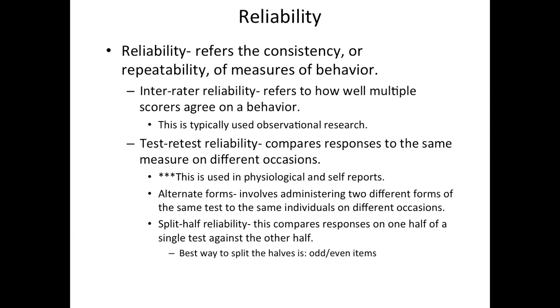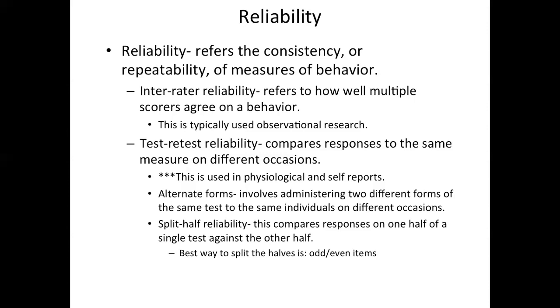In the case of some of the observational data, we understand that there are individual differences in what we see, and our experiences might differ. So we might use a form of reliability called inter-rater reliability. And inter-rater reliability basically asks, do I have consistency across observers?